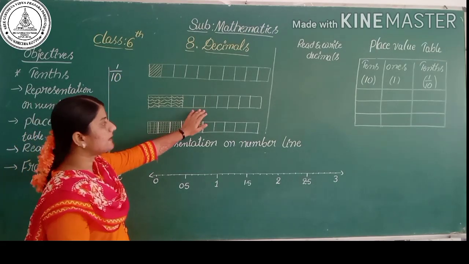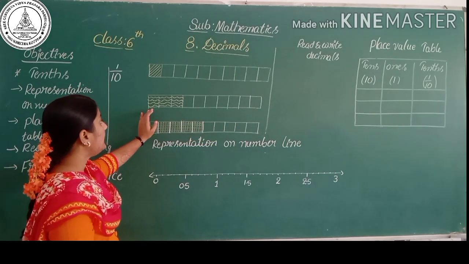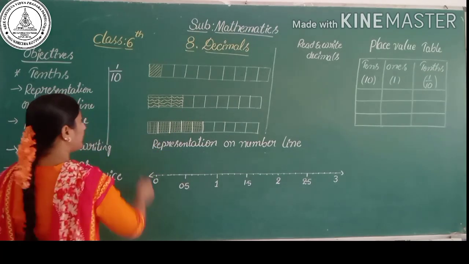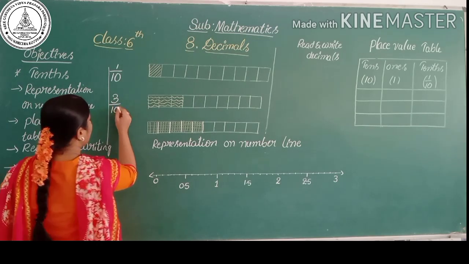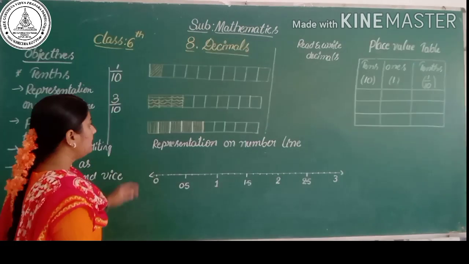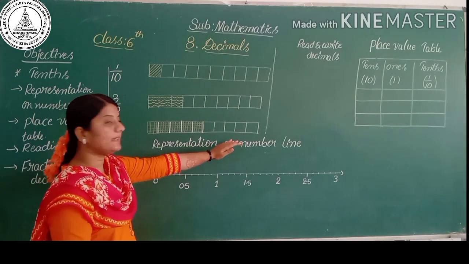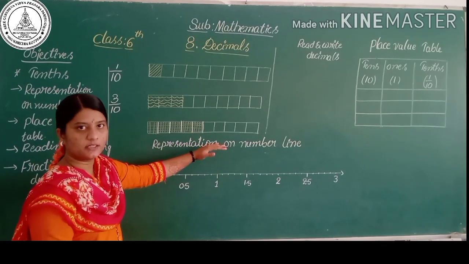Yes, see the second figure. So here also the total number of boxes is 10. In that, 3 boxes are shaded, right? Yes, how can you write this figure as a fraction? 3 by 10, right? And the third figure, the total number of parts is 10. So in the 10 parts, 5 parts are shaded, right?